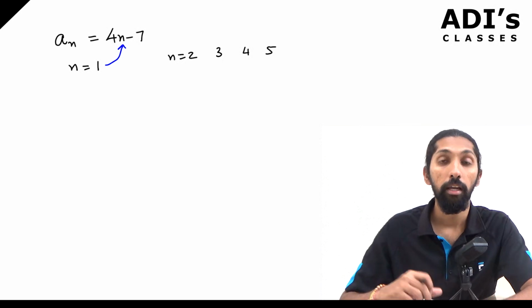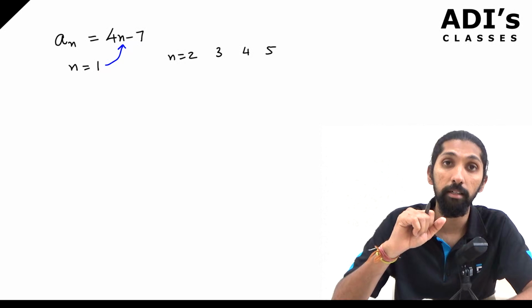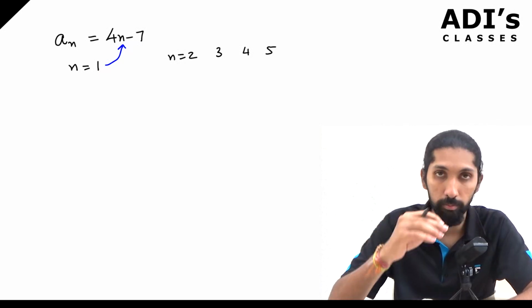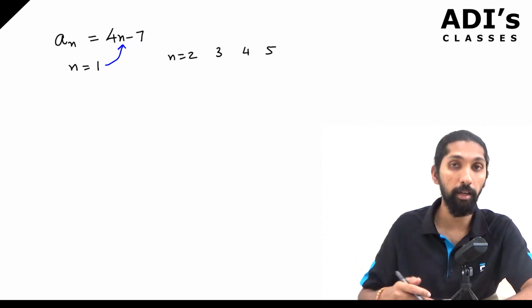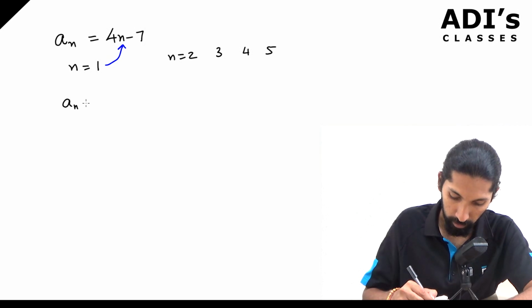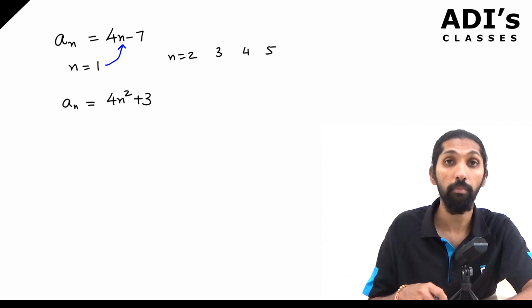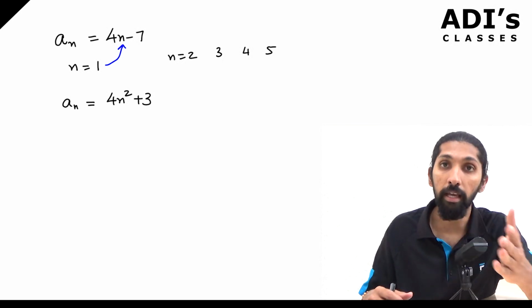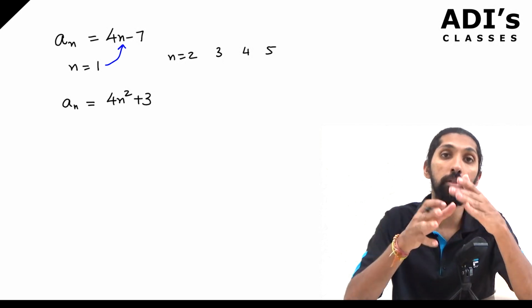Now, based on this, we are going to solve problems in a couple of minutes. But before that, suppose my nth term is 4n square plus 3, and I ask you to find the 8th term of the sequence. There is no point in doing 1, 2, 3, 4.